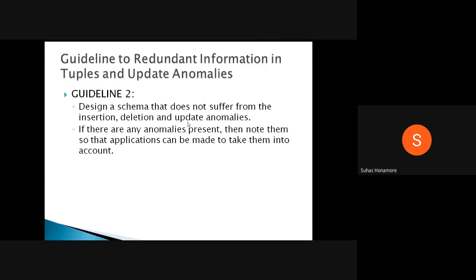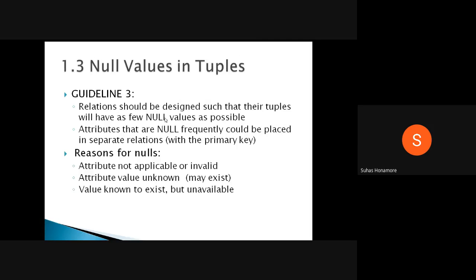This is the guideline: you have to avoid update anomalies. Third one, avoid null values. Whenever possible, avoid attributes which take null values. Most of the time, make sure that none of the attributes take null values.